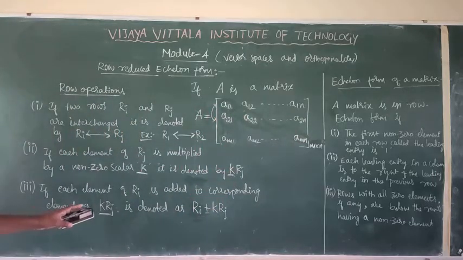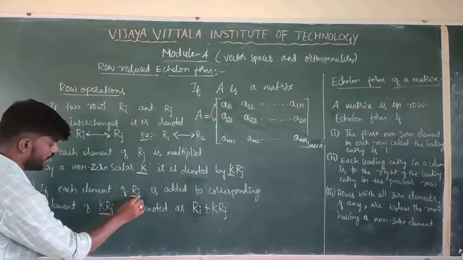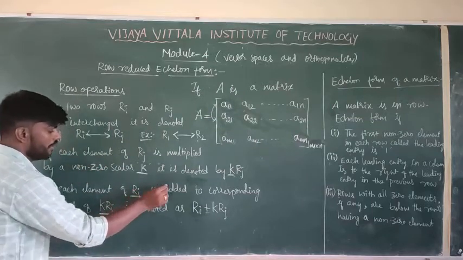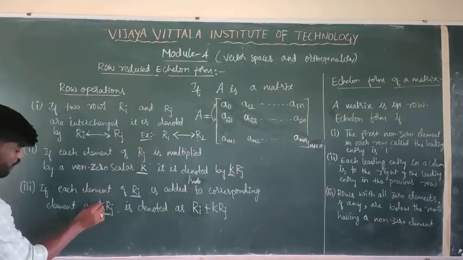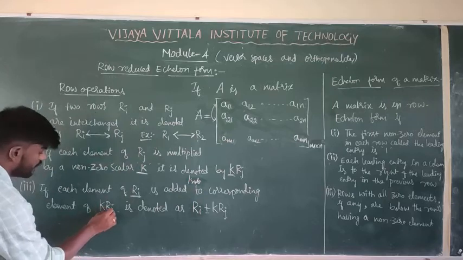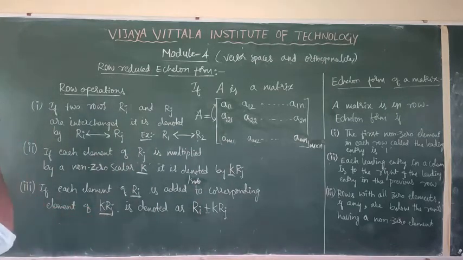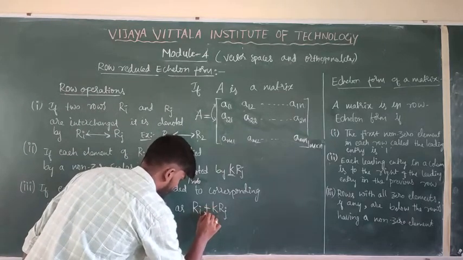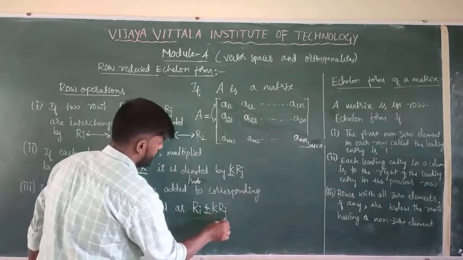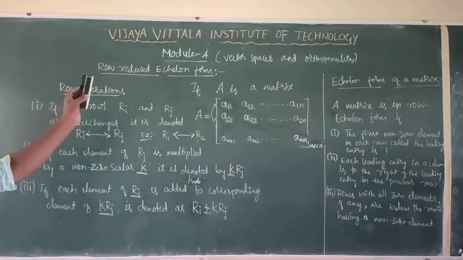Third, if each element of Ri is added to or subtracted from the corresponding element of k Rj, it is denoted by Ri plus or minus k into Rj. These are all the operations we use in the echelon form.